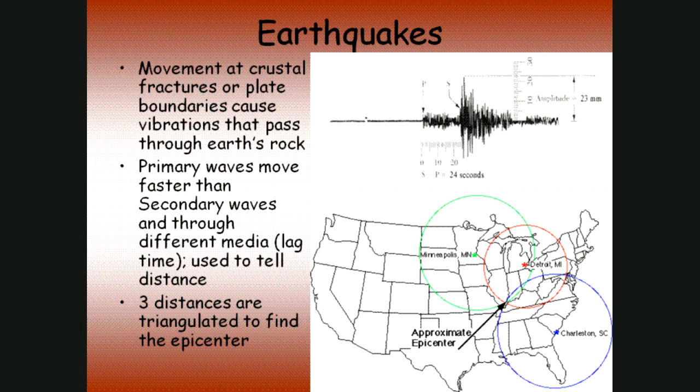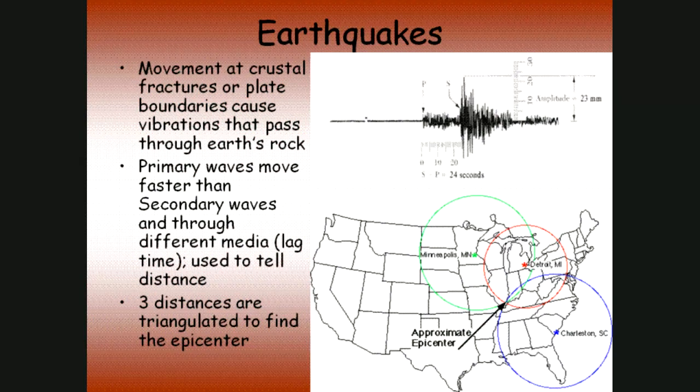Primary waves are faster than secondary waves because of the type of movement. They are a compression and release wave rather than a fluctuating vertical wave. So we can use that fact of their speed to determine distance. And then 3 distances can be used to triangulate an epicenter.